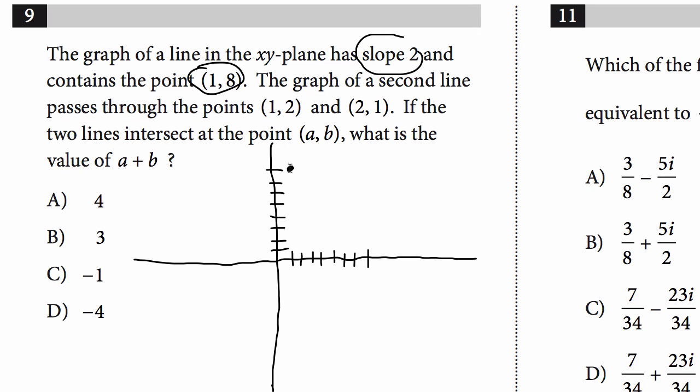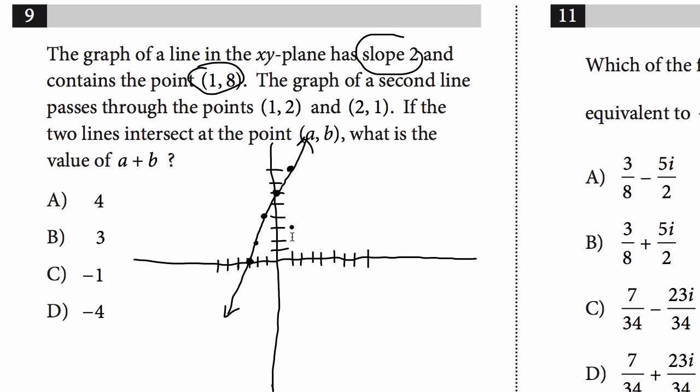But we're going to go in the reverse direction: down 2 over 1, down 2 over 1. So I've got to go this way. 1, 2, 3, 4, 5, we'll just do 6. Down 2 over 1, and down 2 over 1. So there's my line. It's going to look crappy, but the points are there. That's all we care about.